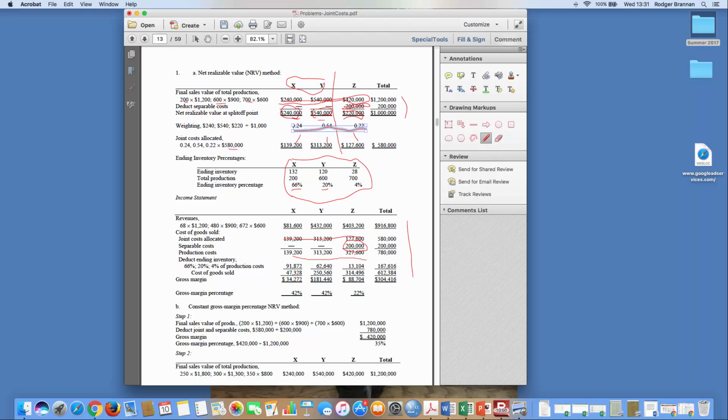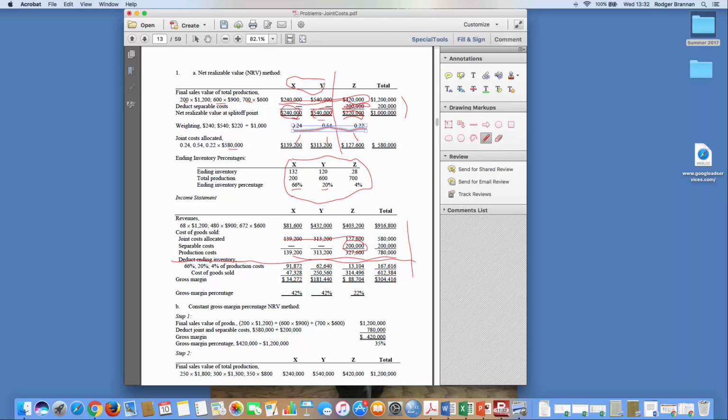So the total cost here is $780,000: the $580,000 of joint cost plus the $200,000 of separable cost, but the separable cost can only be attributed to Z. Okay, so $139,200 of cost attributed to X, $313,200 to Y, $327,600 to Z. Now, at that point, I could draw a line here and say, okay, fine. I could divide this by the total production, come up with my cost per unit, and then allocate that between ending inventory and cost of goods sold, okay?